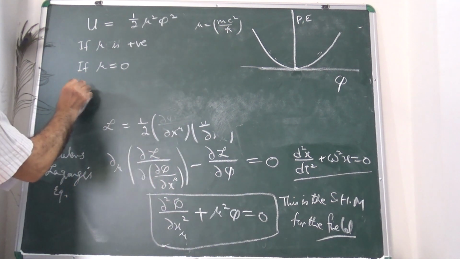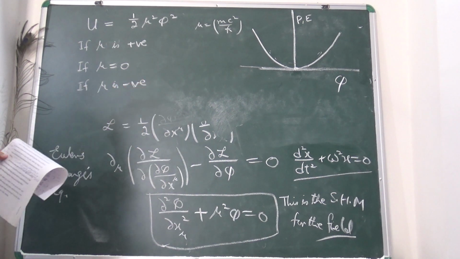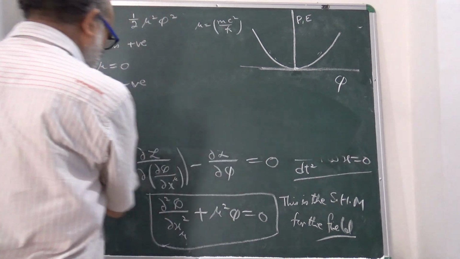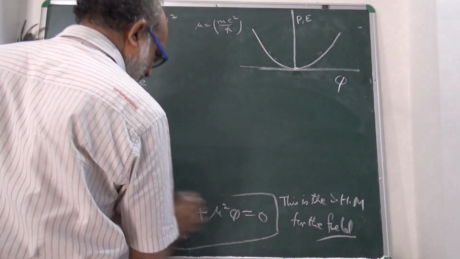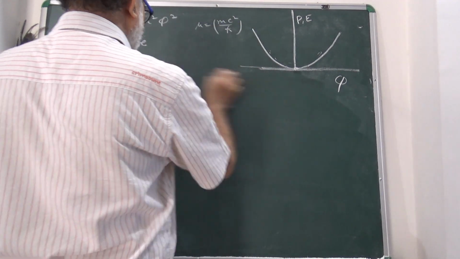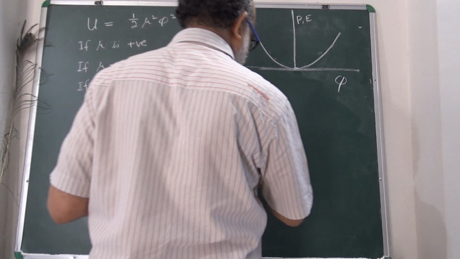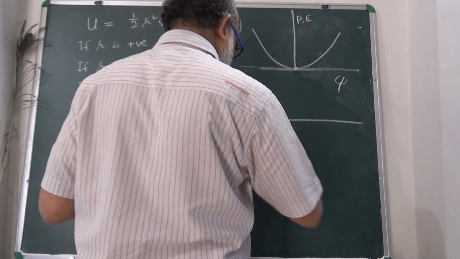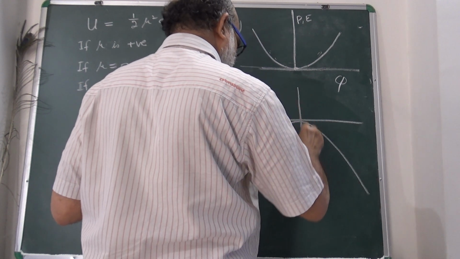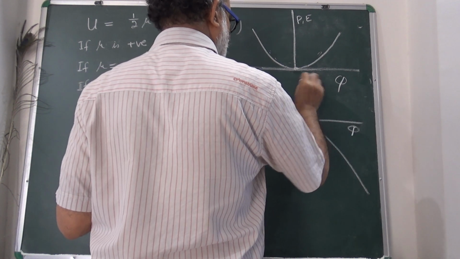Now if mu is negative, the potential energy curve will be upside down. The parabola will be upside down, field here, potential energy here.